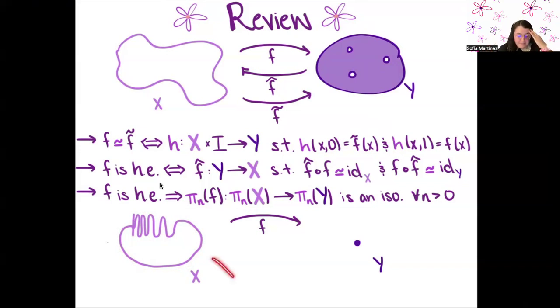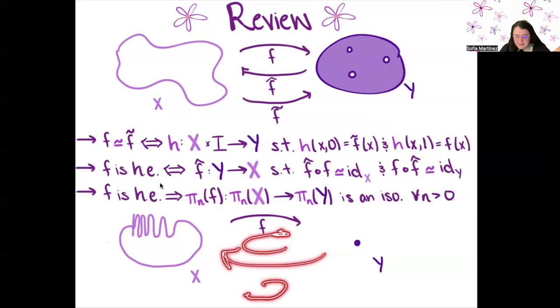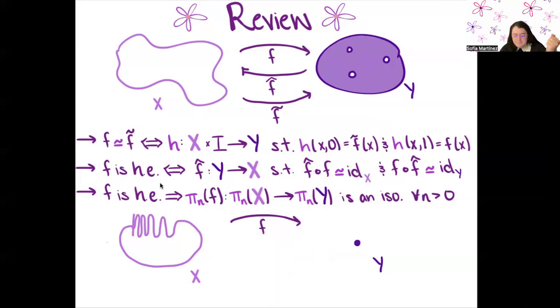But any map from this sort of space to the point turns out to be exactly this sort of map. It'll induce an isomorphism on all pi i's. But it's not a homotopy equivalence. I can't get a map backwards such that when I compose it, I get the identity in either direction. Just can't find it. So that's what motivates, right? I don't have an inverse.